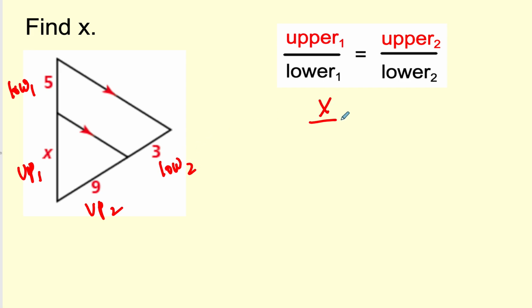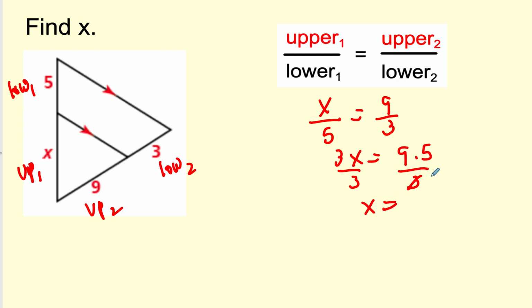So it's x over 5 equals 9 over 3. And so this will be 3x is equal to 9 times 5. I'm not going to multiply it out. I'm going to divide both sides by 3. And then I'm going to do some reducing.